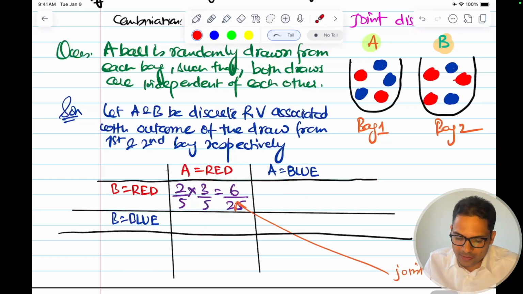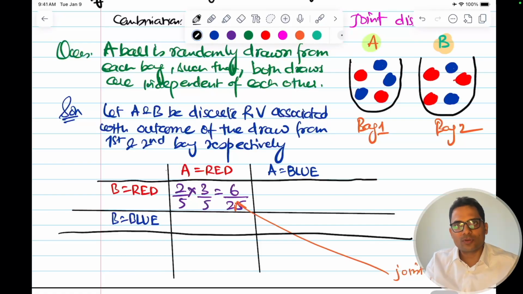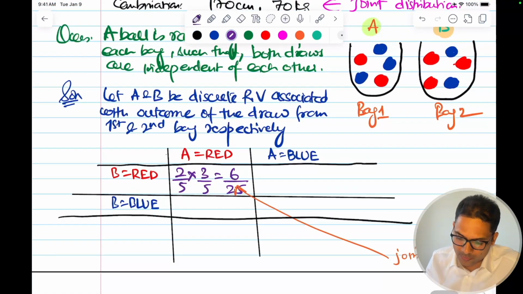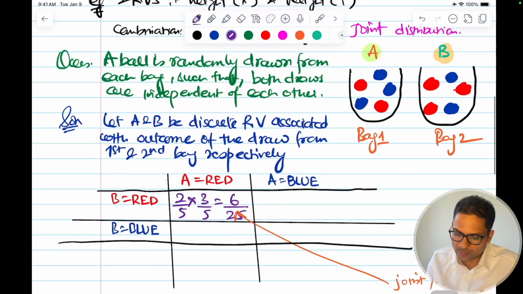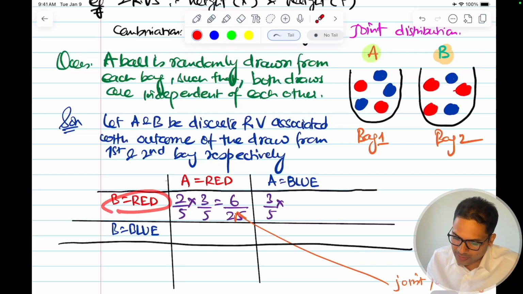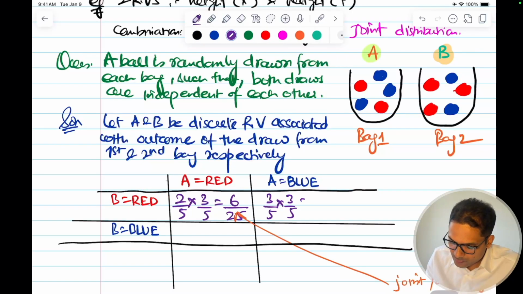Okay, so let's quickly fill this up so that you know. Let's calculate all the 4 probability distributions, and then I'll give you the property also. So now quickly, what is the distribution here? Getting a blue in the first draw, that is 3 by 5, and getting a red in the second draw is 3 by 5, is equal to 9 by 25.